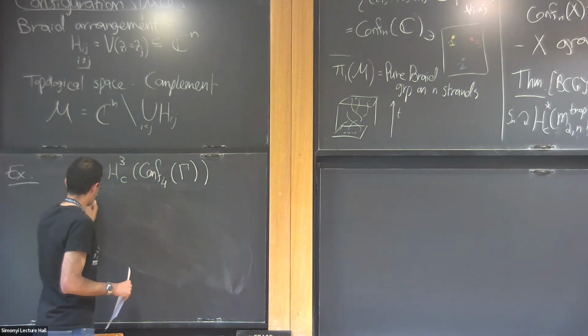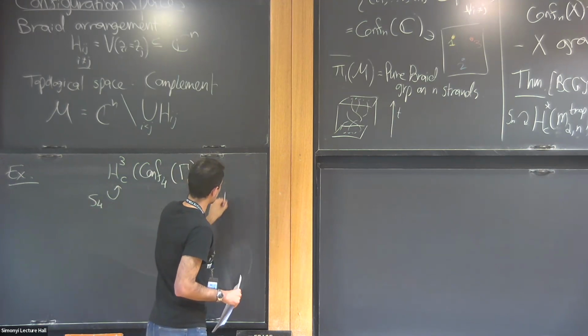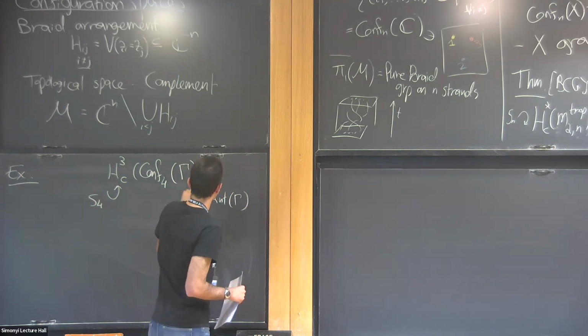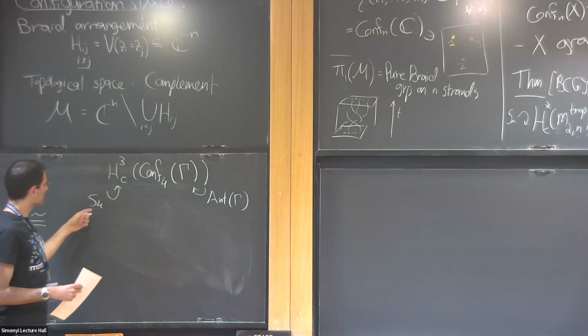So on the one hand, it has an action of S4, and on the other hand, it has an action of the automorphism group of the graph. And equivariantly, here's a complete calculation for what this will be. It would have a bunch of summands.